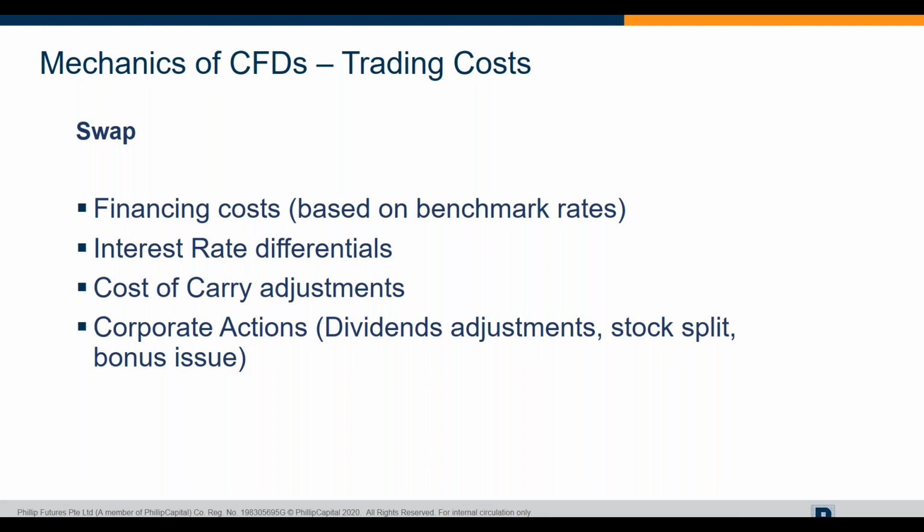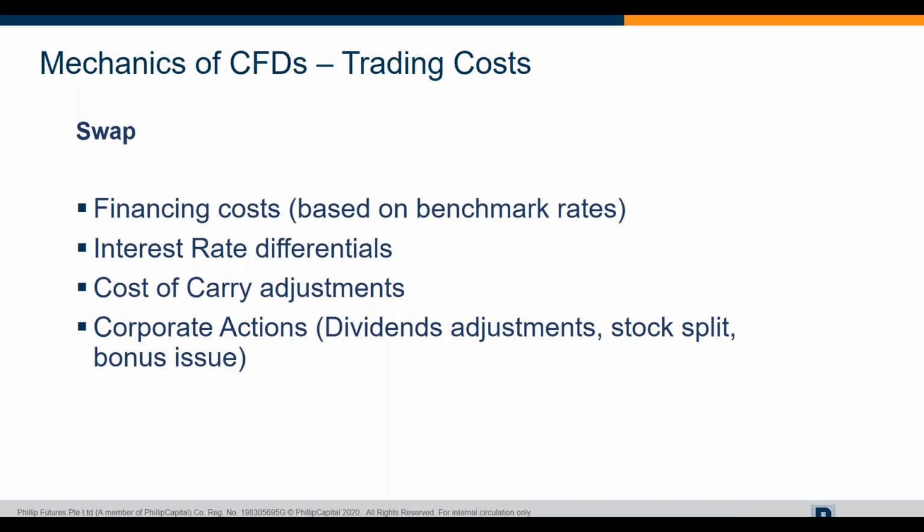Let's say you're holding a long position, and the company announces a dividend. Normally after a dividend is announced, the share price tends to drop to account for the dividend. From the perspective of someone holding physical shares, the dividend will offset the price drop. So the investor is well compensated: the price drops, and then he receives the dividend also.